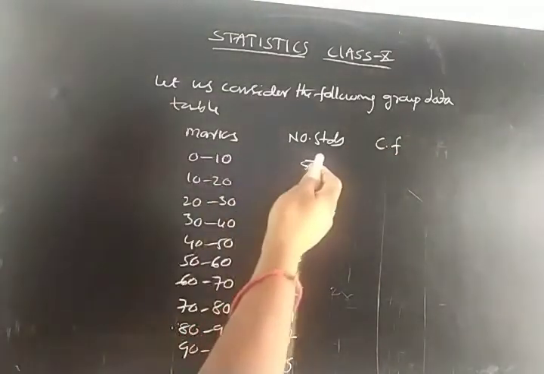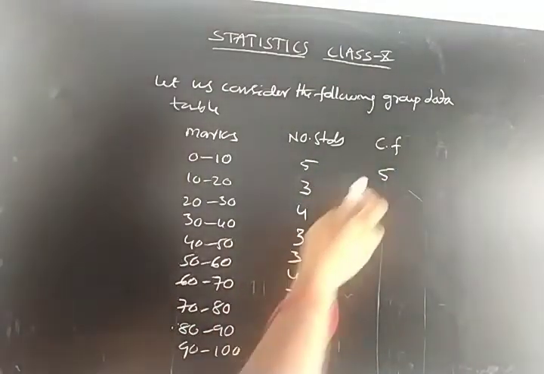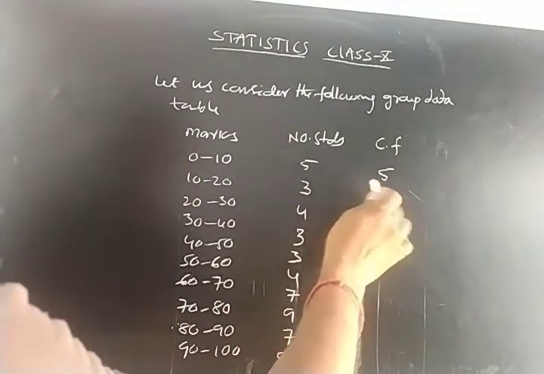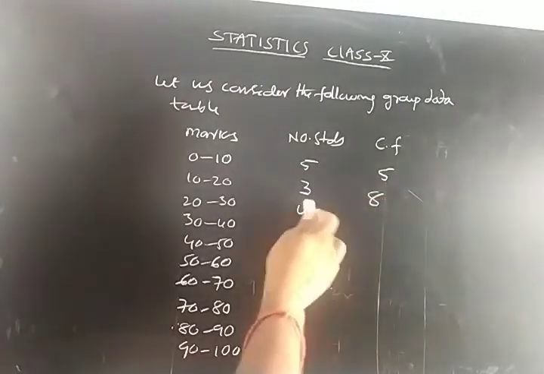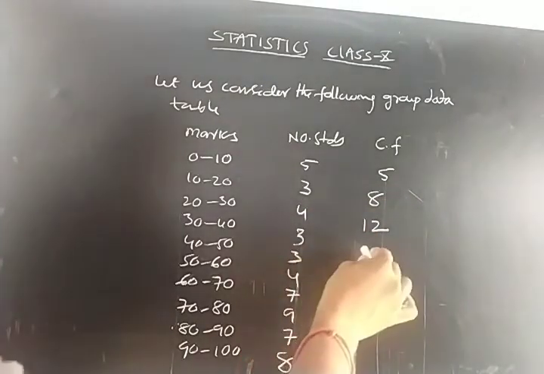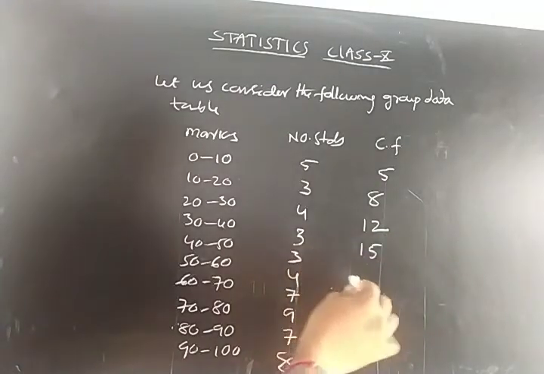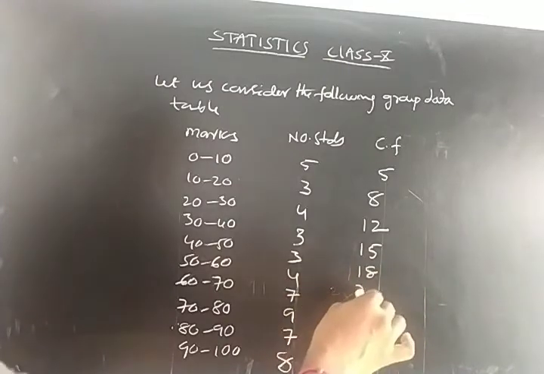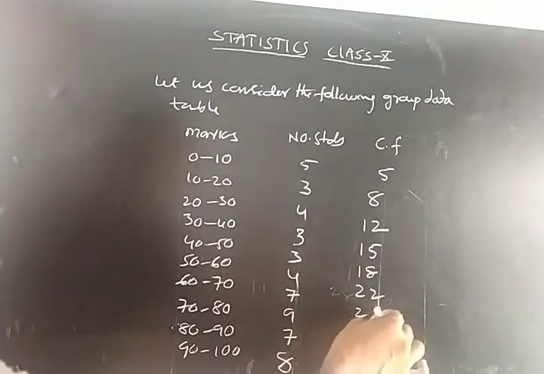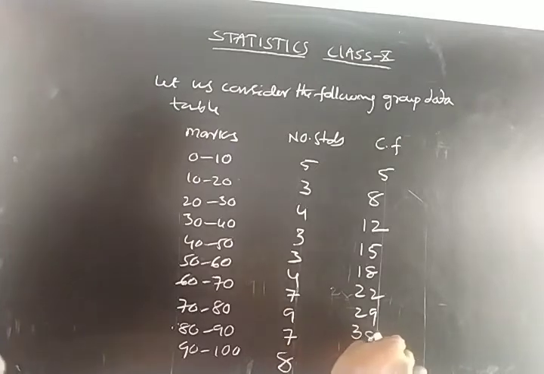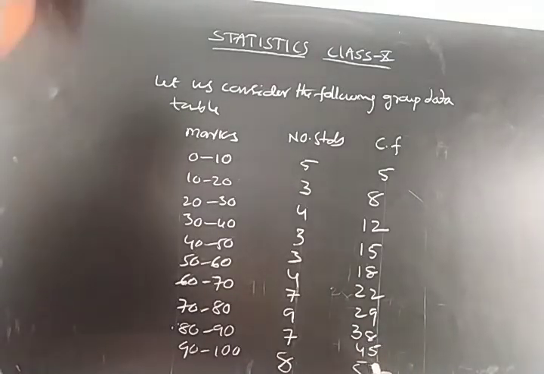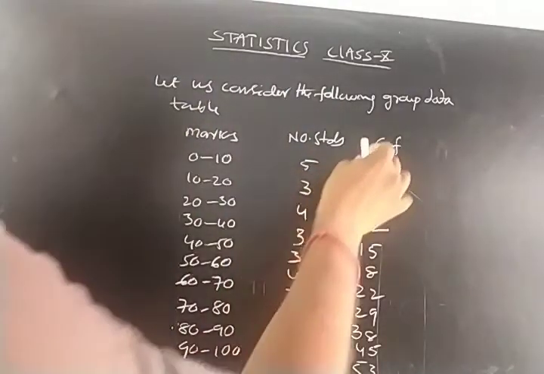First write the frequency as it is, then add 5 plus 3, that will be 8. 8 plus 4, 12. 12 plus 3 is 15. 15 plus 3, 18. 18 plus 4, 22. 22 plus 7, 29. 29 plus 9, 38. 38 plus 7, 45. 45 plus 8, 53. So 53, this is called less than type cumulative frequency.